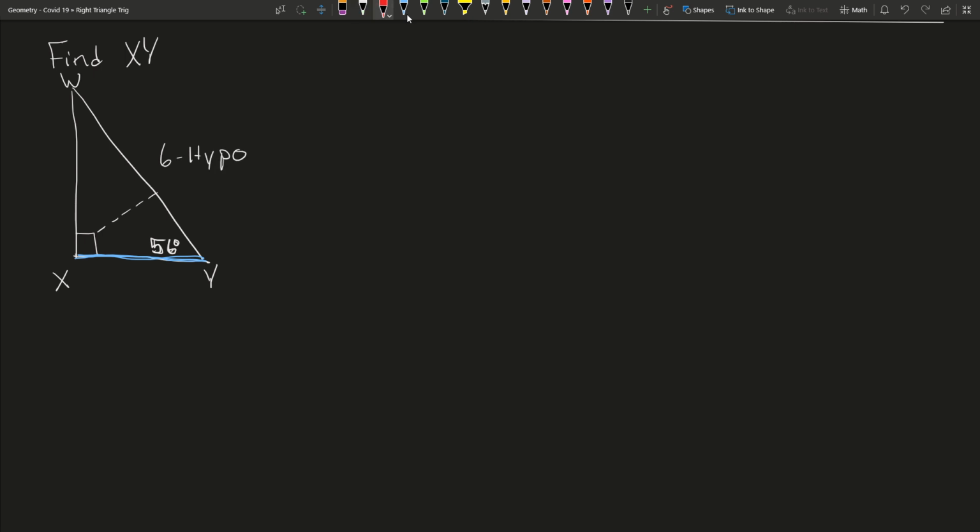If we draw a line from our angle to the other side, that's our opposite. The other side left is the adjacent side. So we have a hypotenuse, we need the adjacent, and we have an angle of 56.